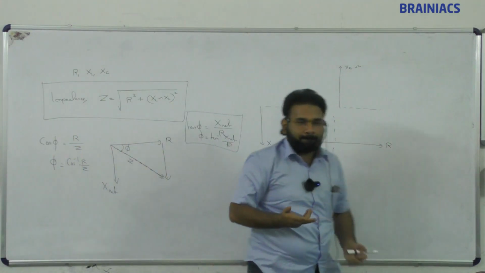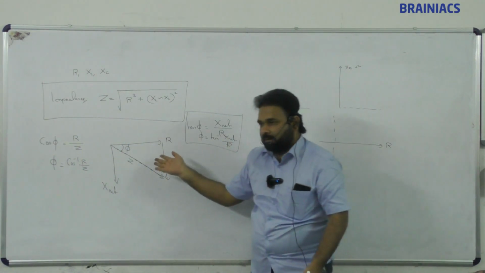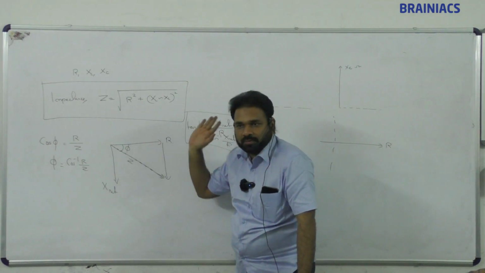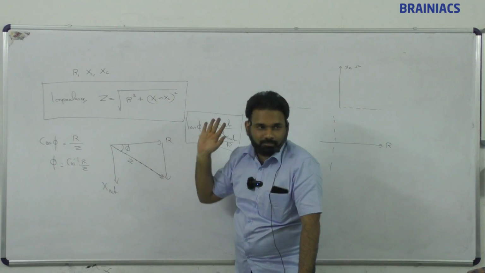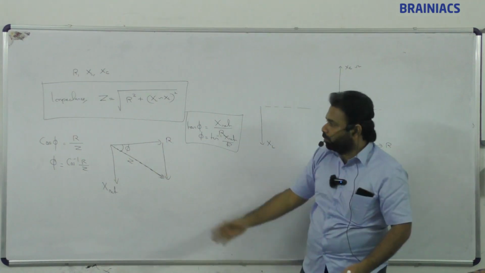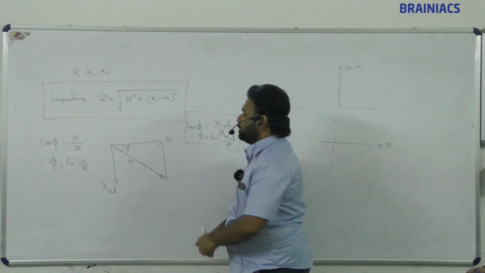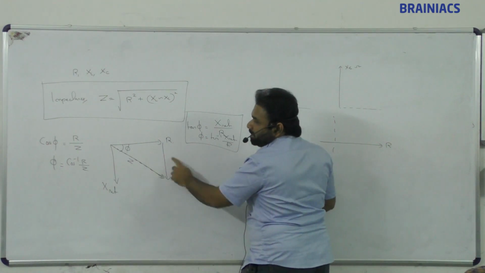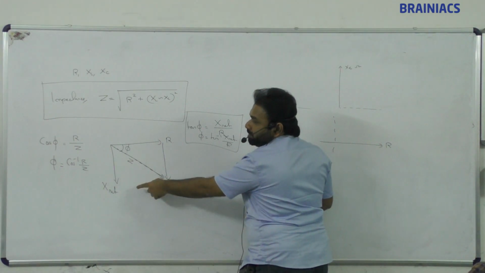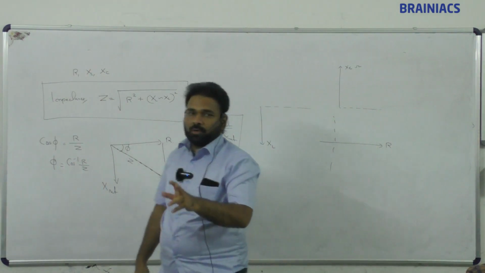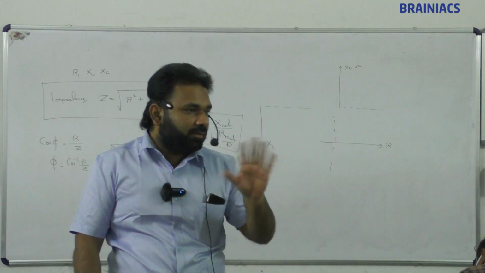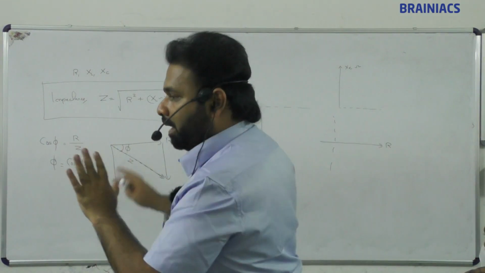We can play with it. If reactance is given, use tan. If impedance is given, use cos. Don't get confused with sin. But suppose reactance is also given and impedance is also given, then based on the question you can do it.